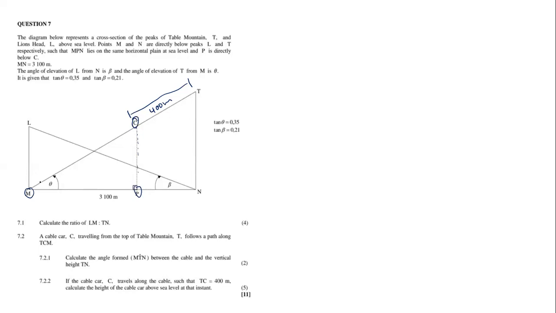So this will be our hypotenuse, and these will be our sides, CP and MP. How are we going to determine side CP? We can use our angle theta, because this angle is in the very same triangle that we are interested in. Remember, we are given that tan theta is equal to 0.35.